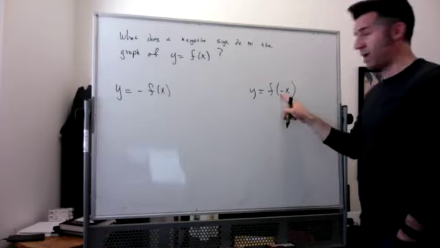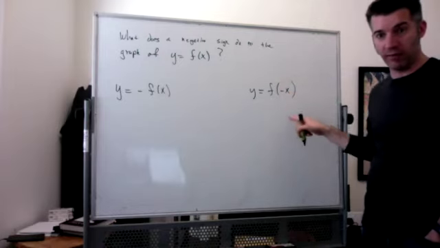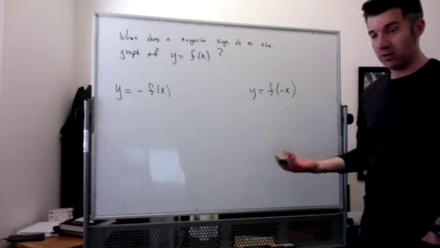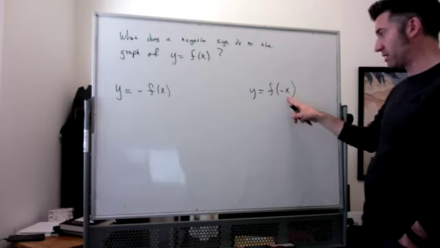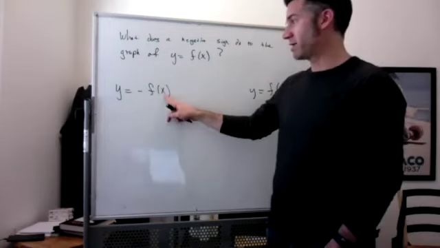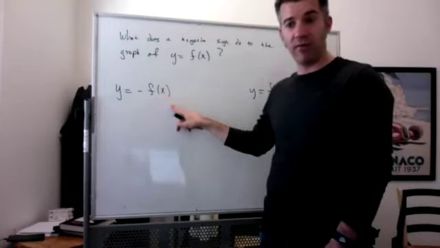So here I'm doing the negative to x, and then I'm doing the function afterwards. We do read functions from the inside out. I see x, and then I get negative x, and then I get the function of negative x. Whereas here, I have x, then I have f of x, then I have the negative of that.